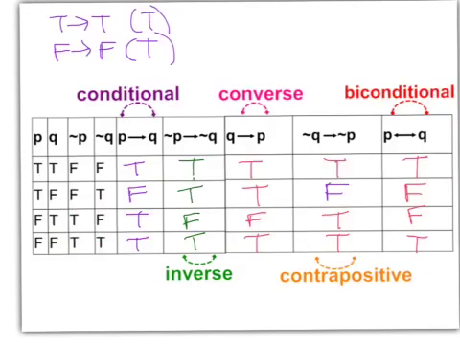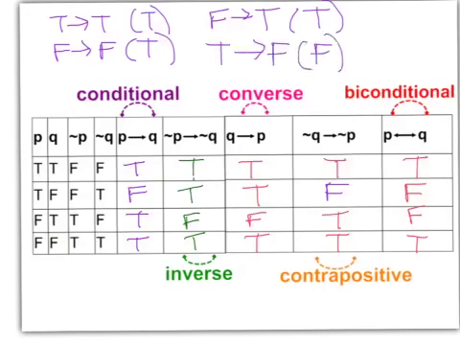So the overall statement would be true. Now, when you have something false implying something true, the end result is true, therefore the overall statement is true. So the only false overall statement that you're going to get is when you have something true implying something false. The overall statement is going to be false.